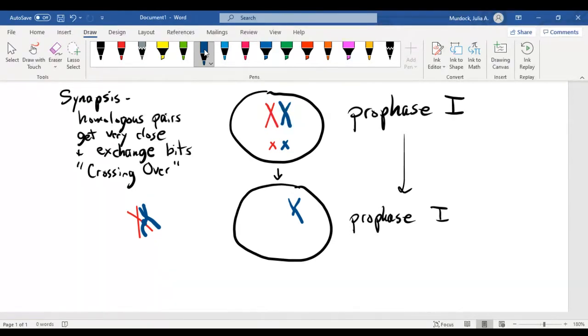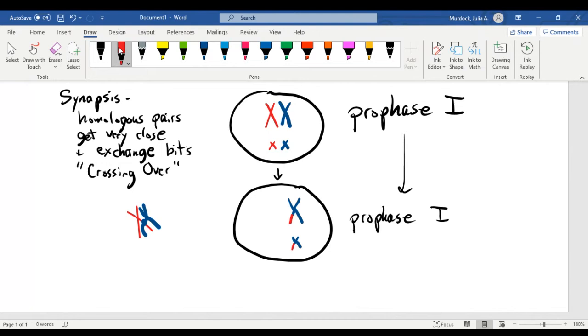I'll do it for the little guy too. Then go into red, so that the father's chromatid arm down there, the paternal chromosome, has now exchanged a little bit with it.